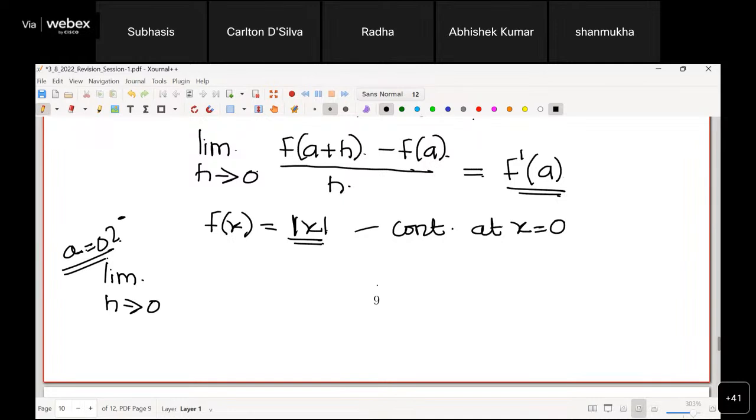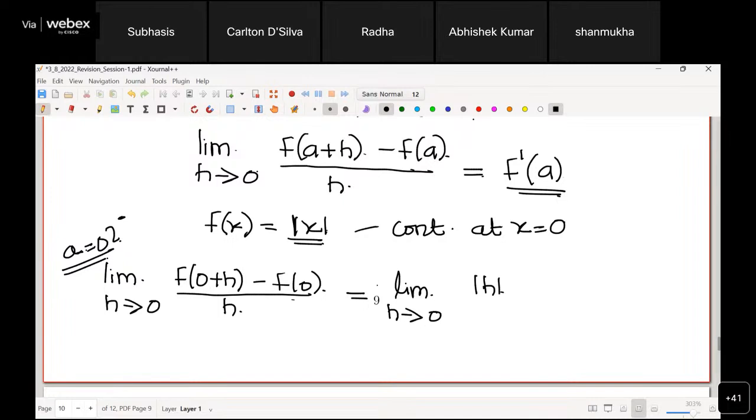So if I compute the derivative at x equal to 0, then this is precisely f of 0 plus h minus f of 0 by h. So this is nothing but limit h tends to 0 of mod of h, because f of 0 plus h is basically f of h, and f of h is mod of h.